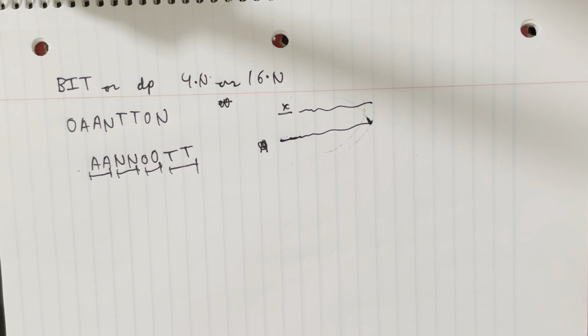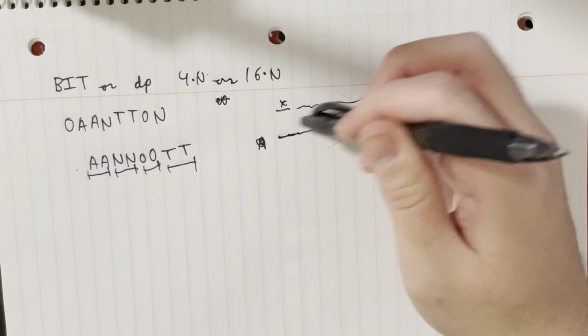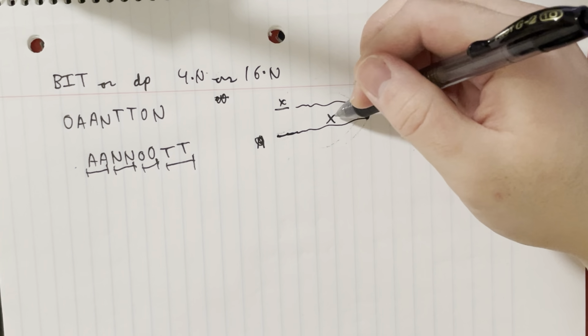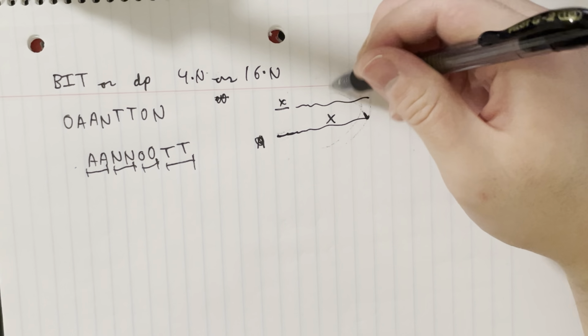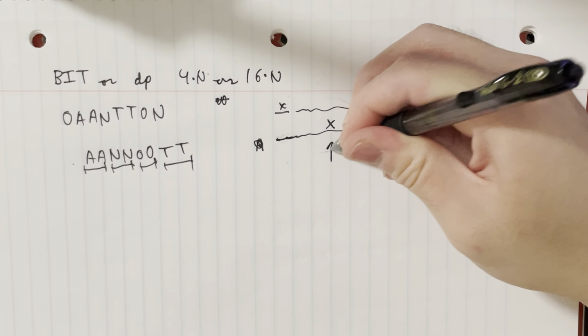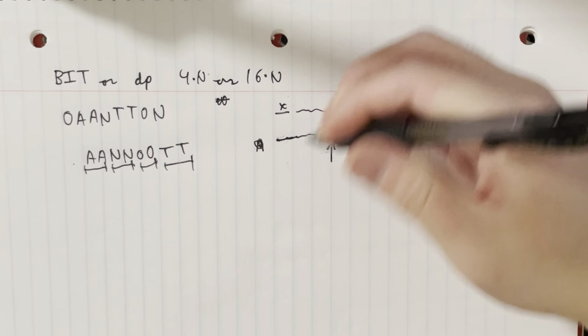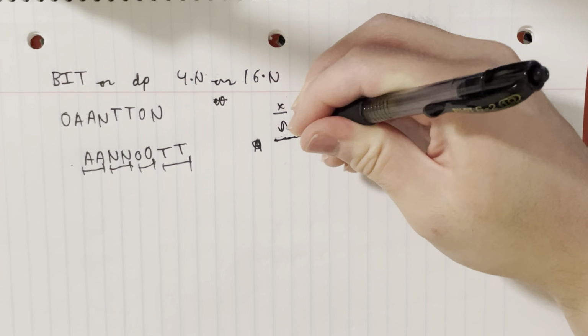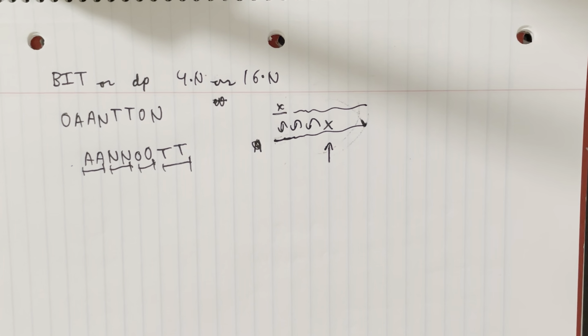Otherwise, you would find the first occurrence of this character in this other string. So let's say X occurred over here. If this place over here was the first occurrence of X, then you have to move it over this number of times until it hits this first spot.